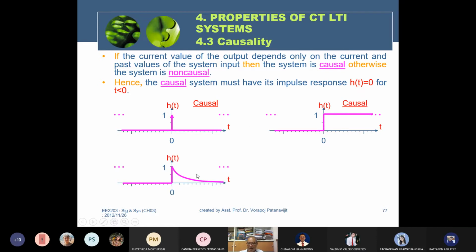Next one is the same: s(t) for time less than 0 is 0, so it's causal, but because it is not equal to 0 for time greater than 0, it has memory. The last one: h(t) for time less than 0 is not 0, therefore it's non-causal and it has memory.